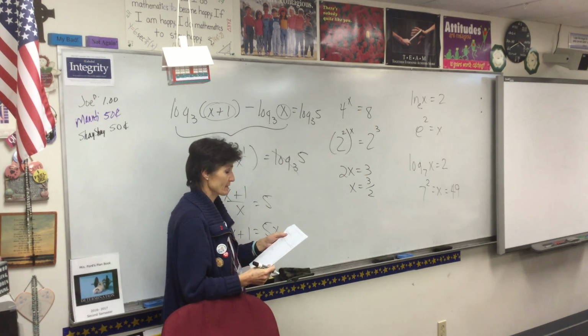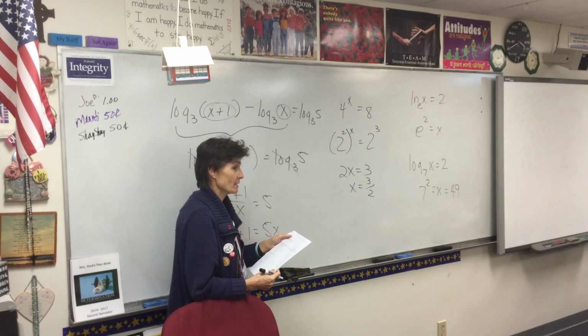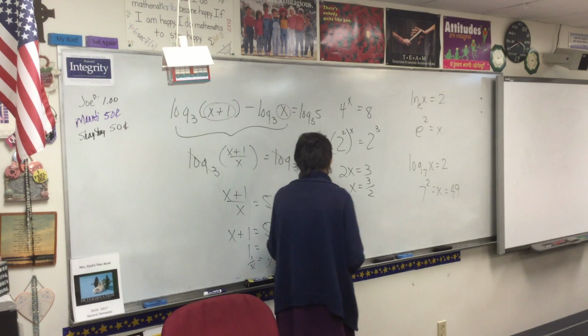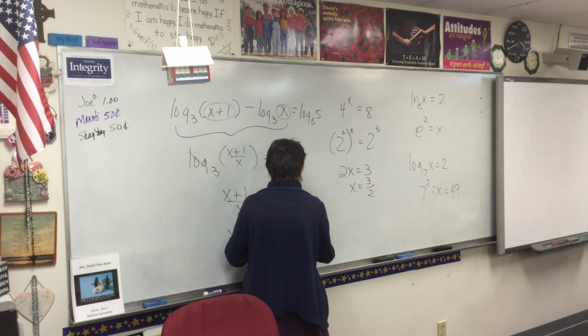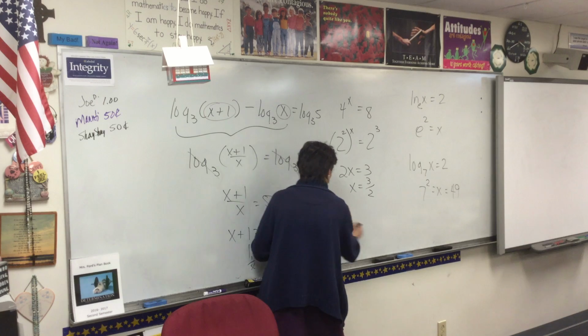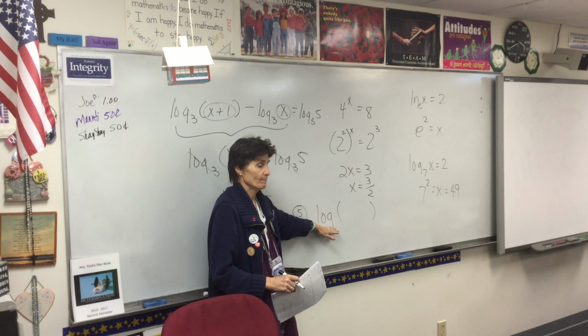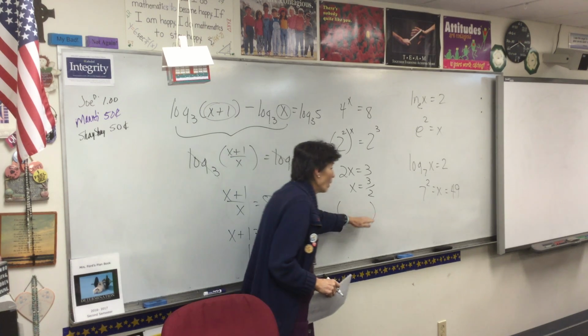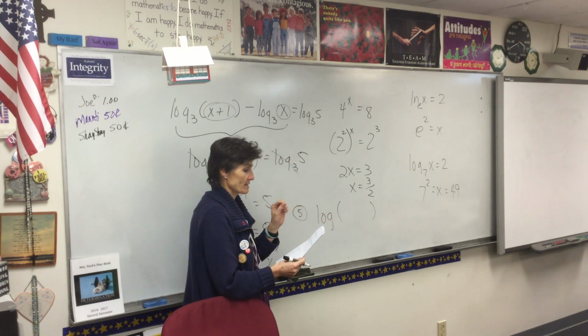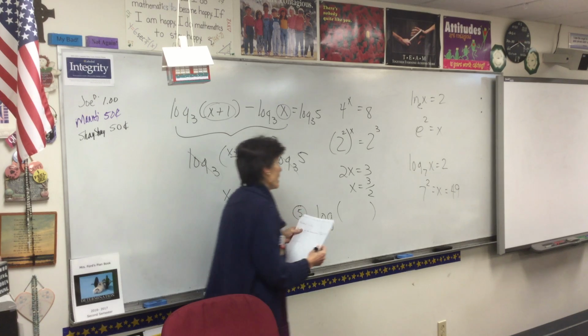Let's do 5 and 6. These are the last no calculator problems. So number 5, we are writing a single logarithm. What's going to go in the parentheses? X over y cubed.